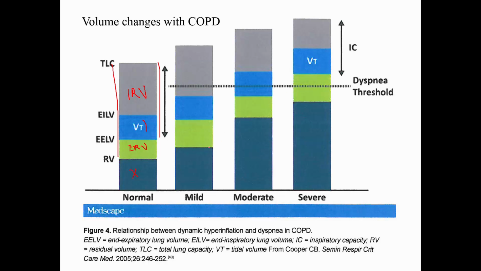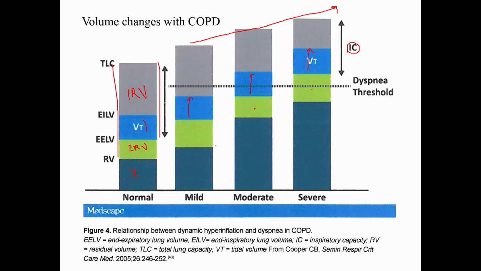Now notice, as this person gets COPD, it looks like the lungs are getting bigger and total lung capacity is getting greater. And it looks like tidal volume, I'm not seeing a huge change, though tidal volume looks bigger in this particular case. But notice what's happening to vital capacity or inspiratory capacity in this situation.